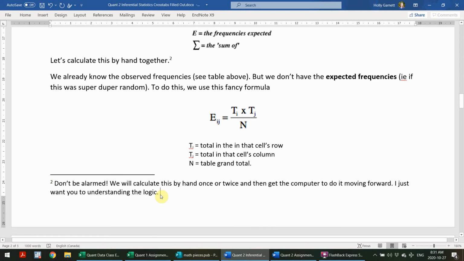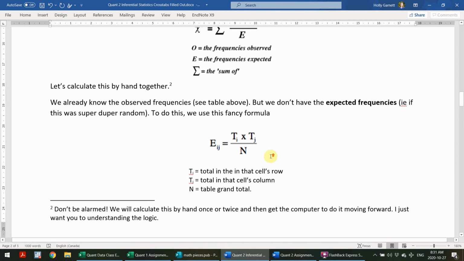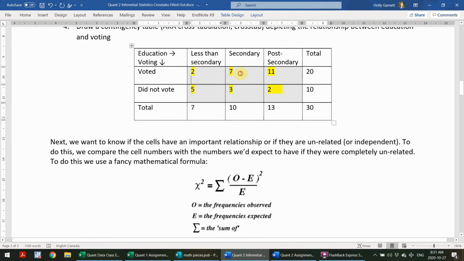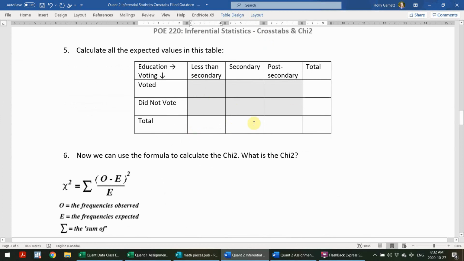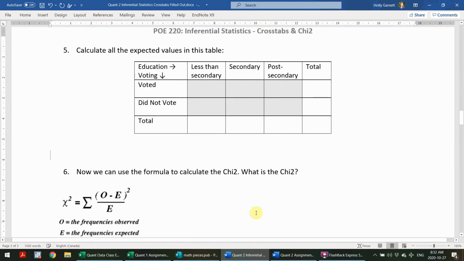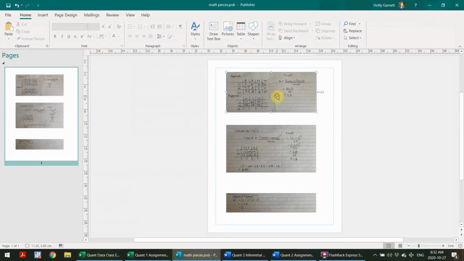We will calculate this once or twice by hand, but the computer will do it moving forward. Don't freak out. I just want you to understand the logic that's going on behind the scenes. So we need to figure out this expected frequency for each of these cells. That's where we would put them in, but thankfully I already did this for us.